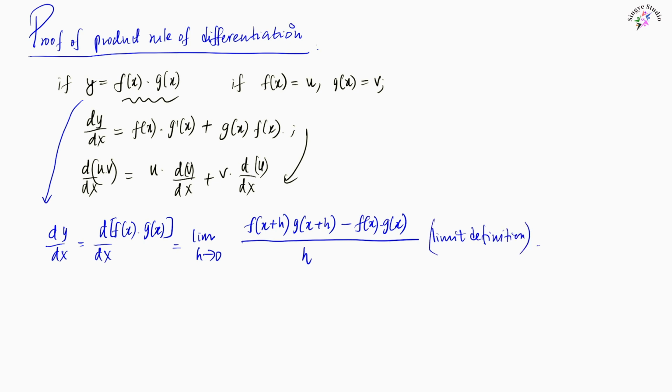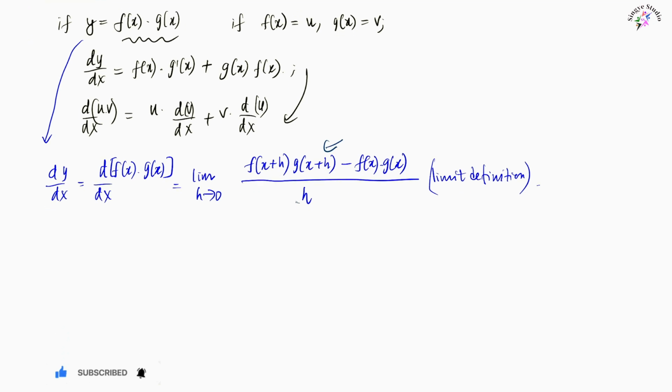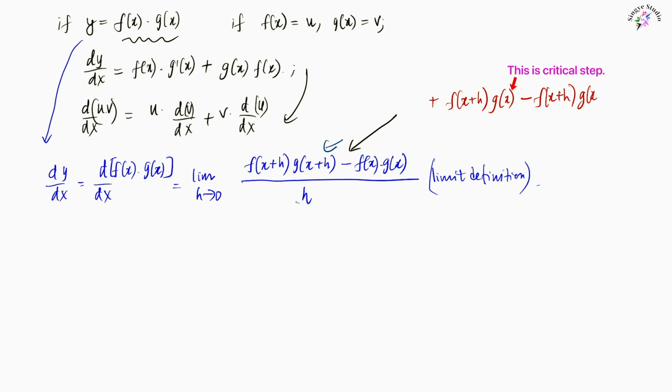Now, like the earlier proof of the chain rule, we have to modify this expression to apply the limit. We can modify this expression by adding the term f of x plus h times g of x and subtracting the term f of x plus h times g of x.